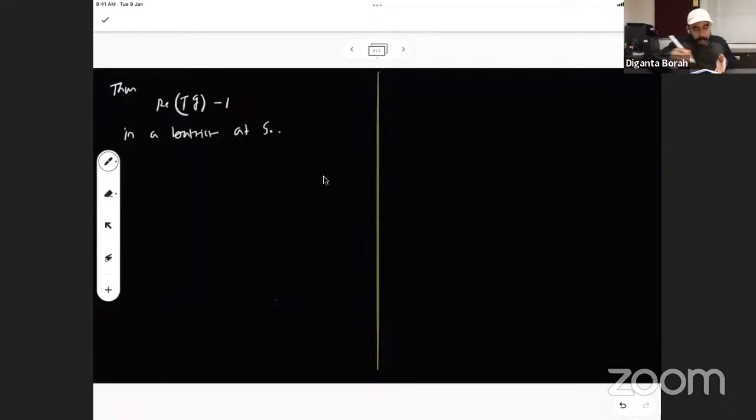So this concludes the first step. So zeta naught is a regular boundary point. This is true for all boundary points, right? So the Dirichlet problem is solvable.